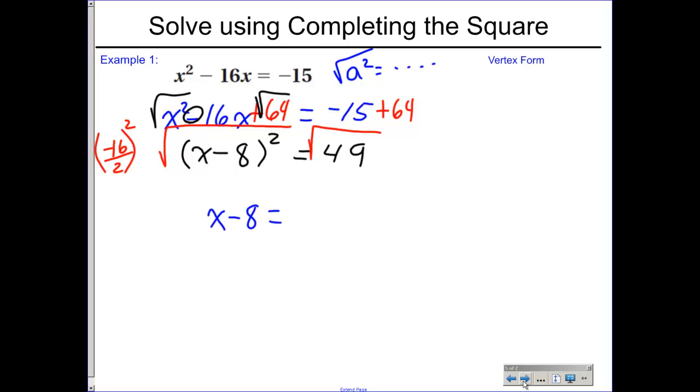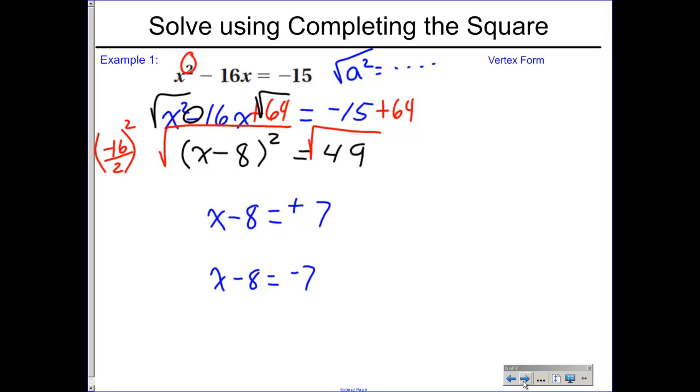And that's going to equal, now keep in mind also that when you take the square root of a number, there's always a positive and a negative square root. So the square root of 49 is actually equal to positive 7, but it's also equal to negative 7. So we're going to end up with two answers here, as we expect we would with a quadratic.